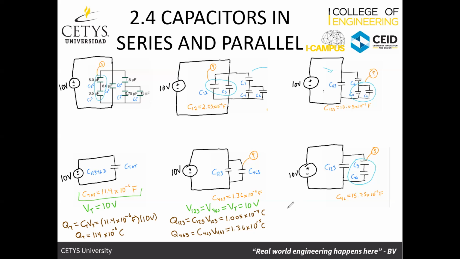So this means that charge 5 is equal to charge 4, 6, and that's equal to charge 4, 6, 5, and that's equal to 1.36 times 10 to the minus 5 coulombs.